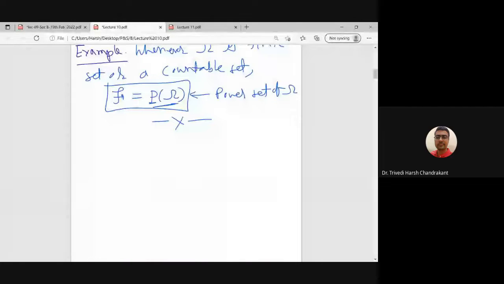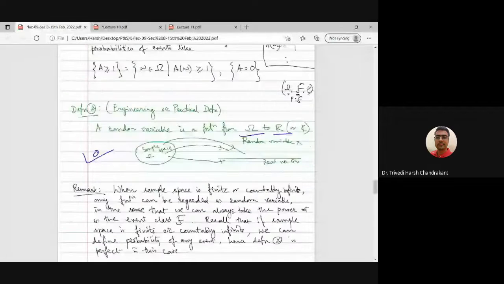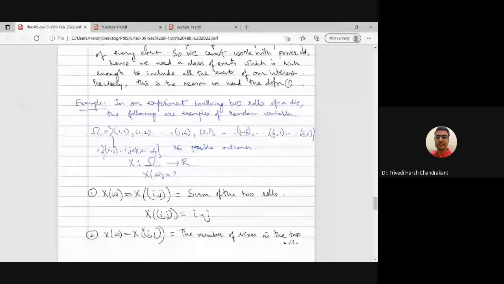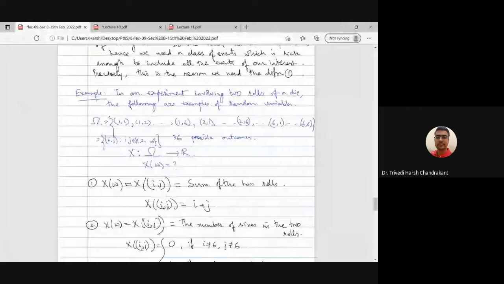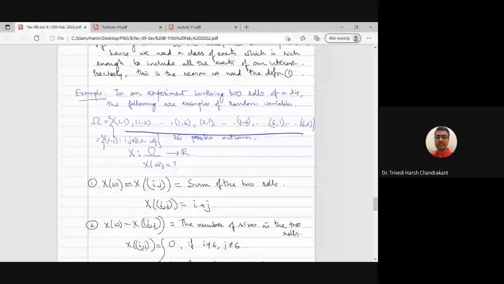So using random variables, we have seen some examples also. If we are throwing two rolls of a die, the outcome is 1 to 6, and rolling two times means there are two coordinates, each from 1 to 6. What is a possible way of defining a real-valued function on these points?